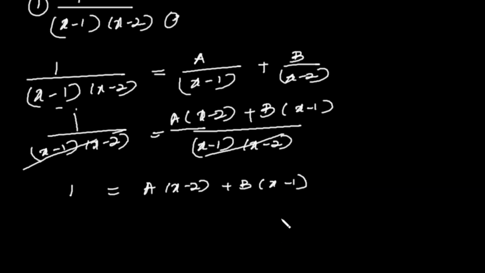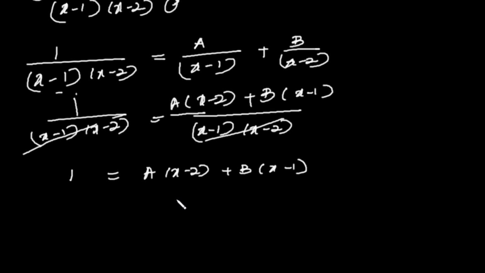Okay. Now if you need to find the value of a and b, you can substitute some values. Here you can see we have x minus 2 and here x minus 1. If you substitute x equals 2, this part becomes 0, but the other part doesn't become 0, so you can find the value of b.